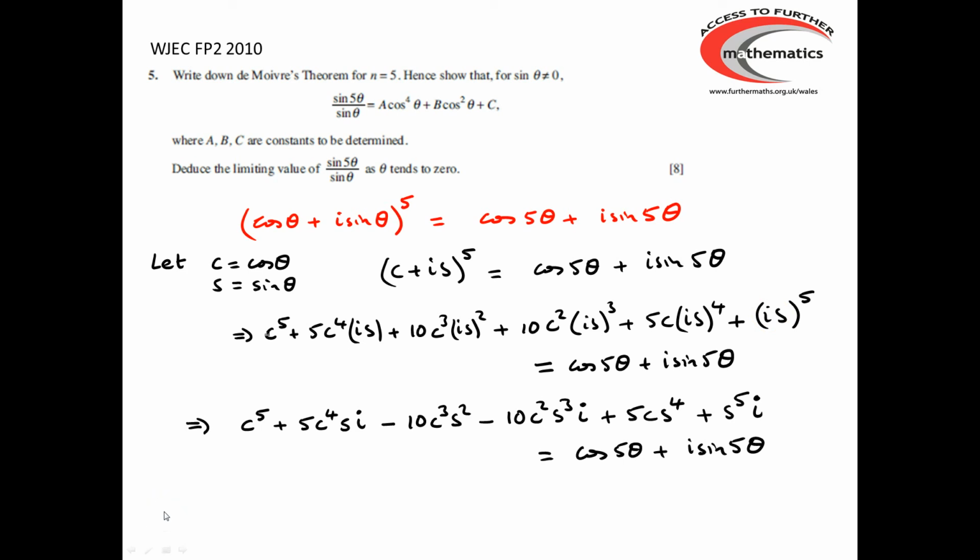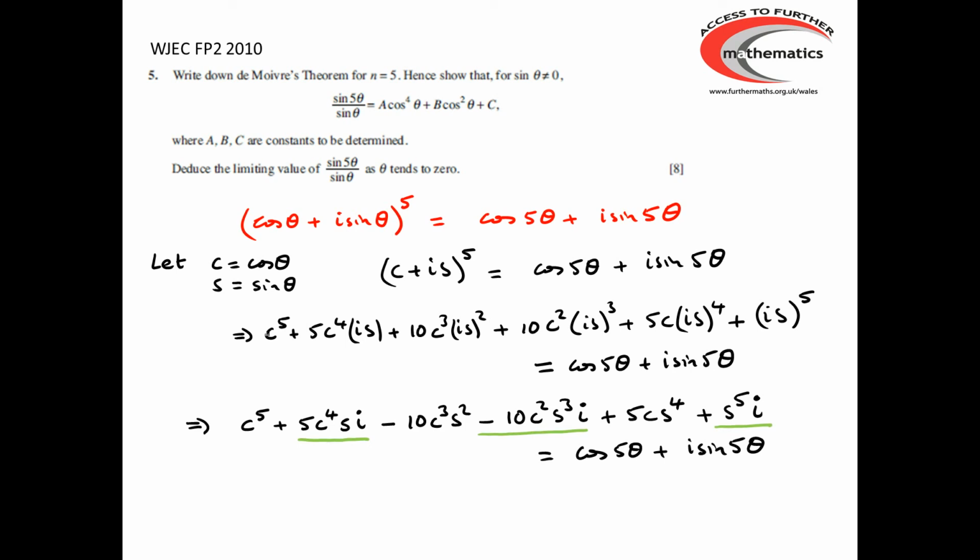Now in the question we're not interested in the cos 5 theta bit, we're only interested in the sine 5 theta bit. In other words, we're only interested in the imaginary part of the right hand side. So let's also focus in on the imaginary parts of the left hand side. So there they are underlined.